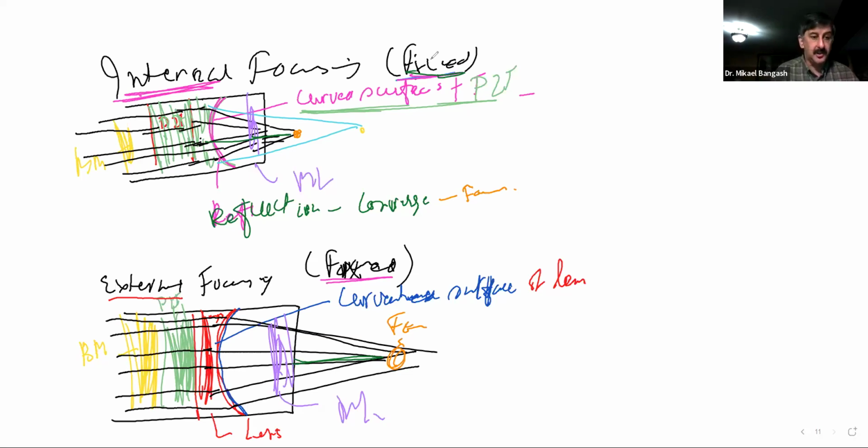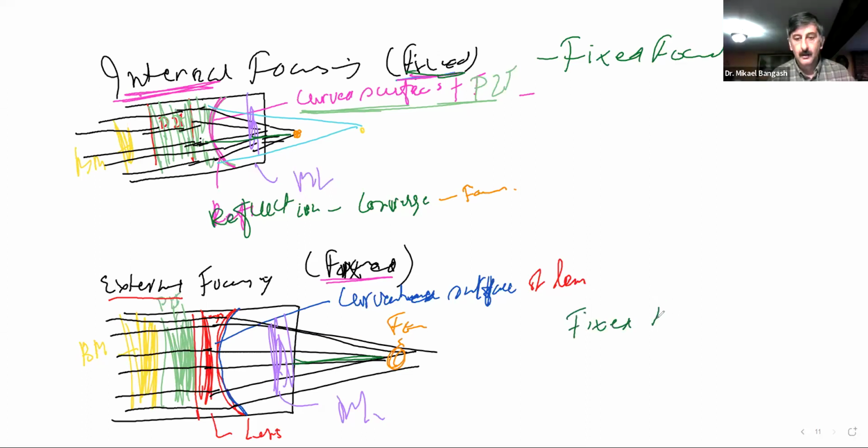So both of these two have fixed focal length, or depth. Which mainly means that we don't have the liberty of what we did yesterday: move the focal points up and down.